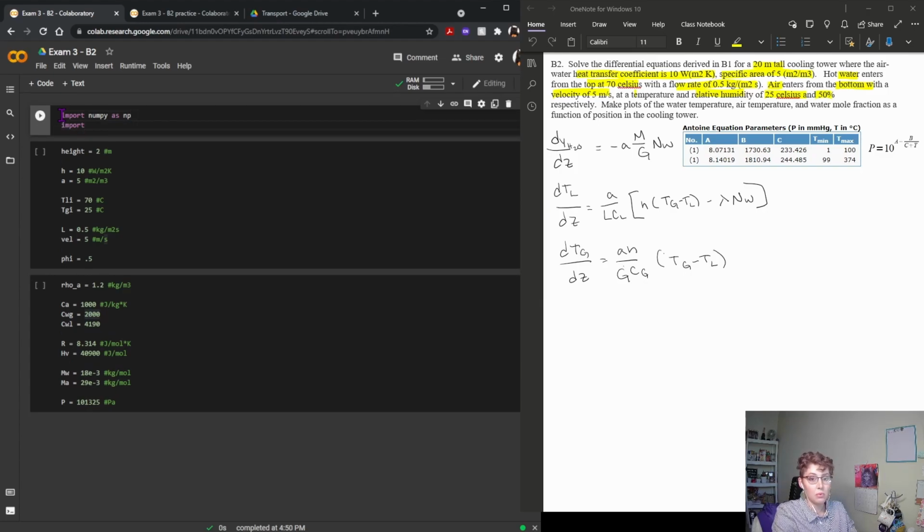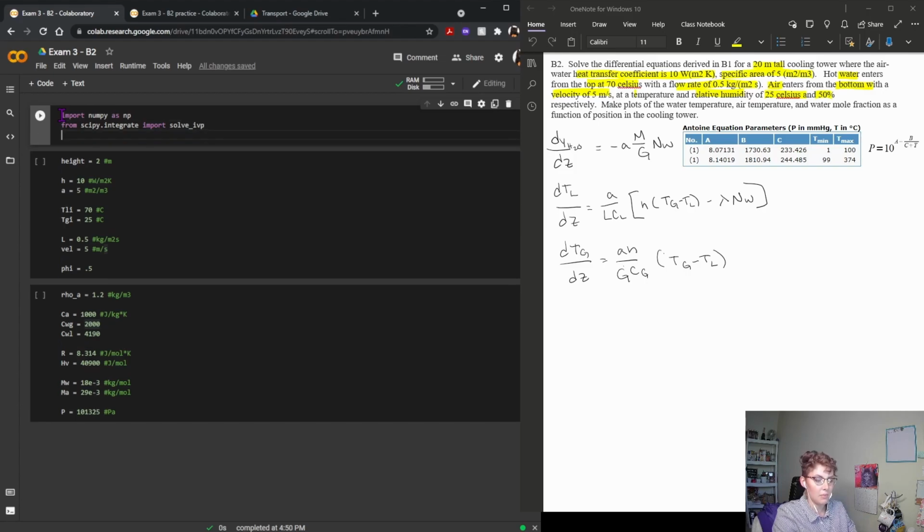We also need to import a couple tools from the SciPy library. We have to use an initial value problem solver from scipy.integrate, and then we also will need to use a root solver, and that is in SciPy optimize.